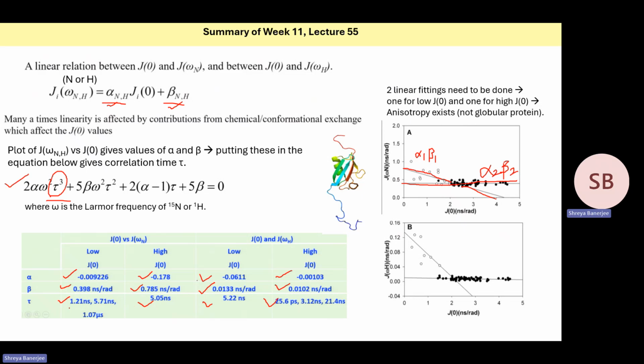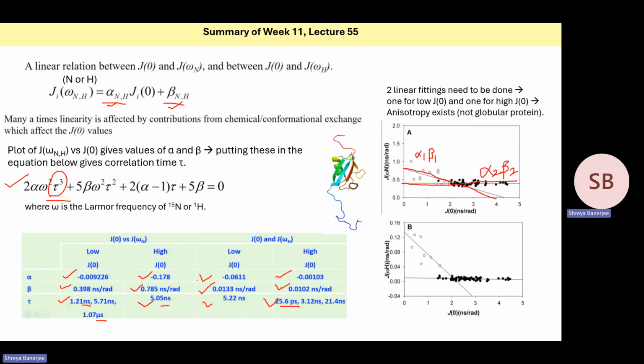You can see that you are getting different correlation times. At low J(0) values, you are getting an idea about motions in the nanosecond time scale, and in the microsecond time scale. At high J(0) values, you are getting the nanosecond time scale, and so on. Even at high J(0) values versus ωH, you are getting an idea about motion in the picosecond time scale.